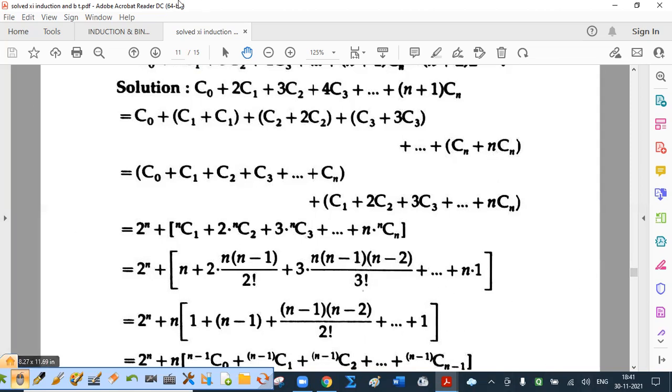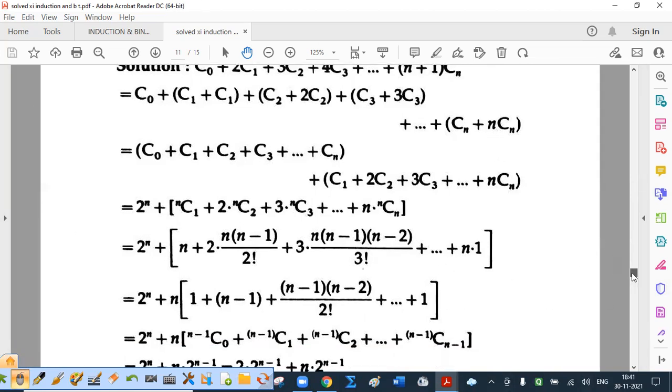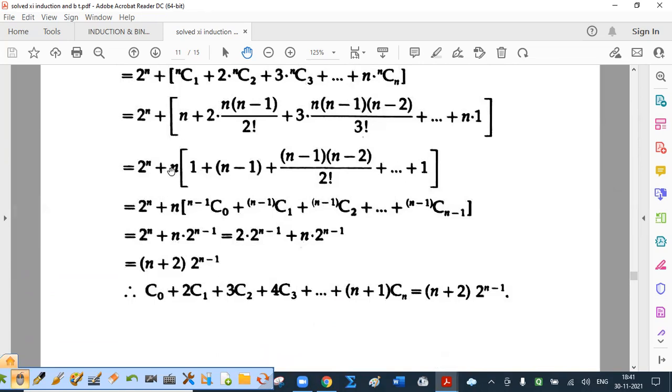Next step is important. Take n common. If you take n common, you get n into this. Now, can I replace this 1 by n minus 1 C0? Yes, I can. Can I replace this n minus 1 by n minus 1 C1? I can. Similarly, this is n minus 1 C2 and this 1 is n minus 1 C n minus 1.